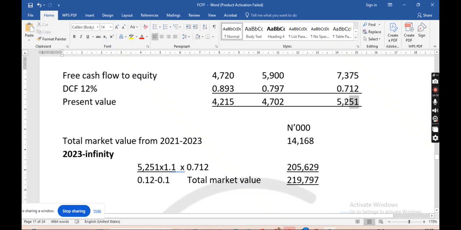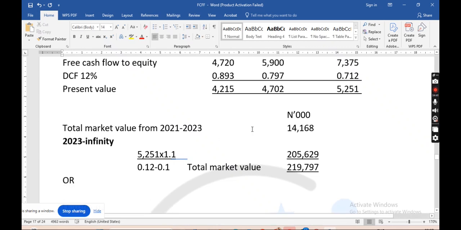So why should we now bring it forward? We've already discounted it to be 521. Unless if you want to bring in the real figure, which is 737. So why do we multiply again? We don't have to do the multiplication.